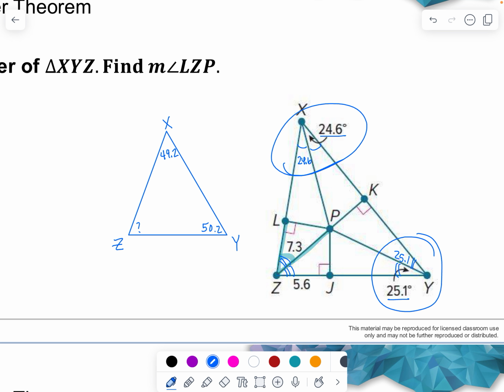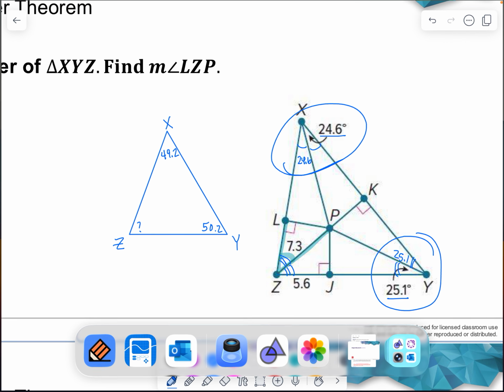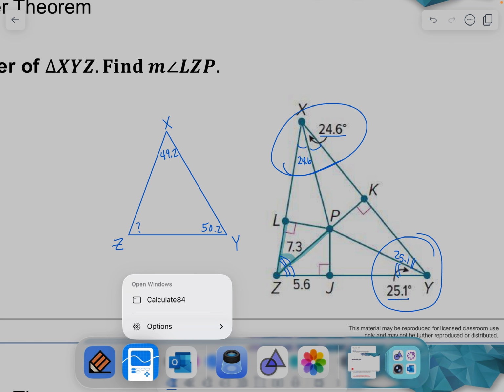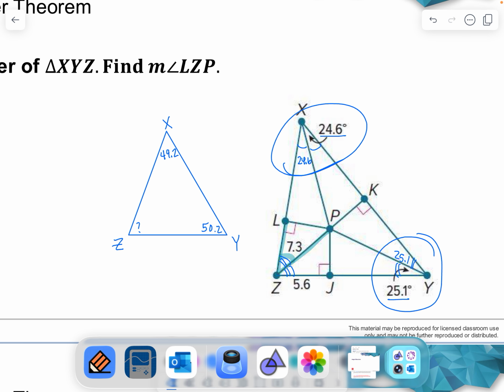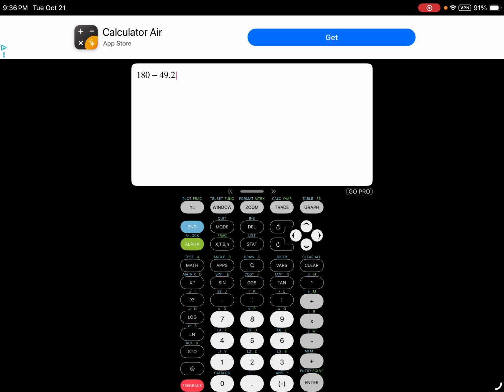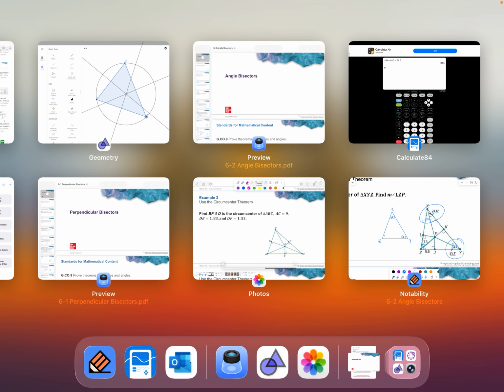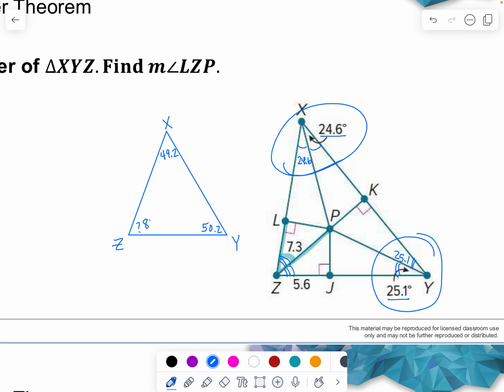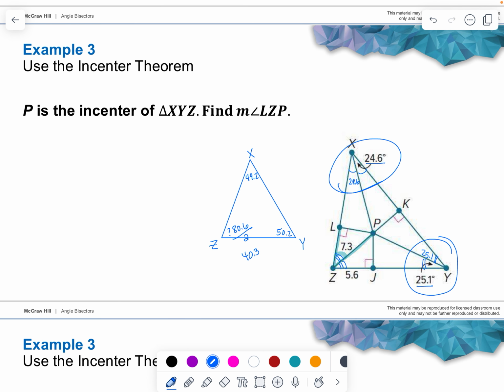Which means how big is Z? We grab our calculator and say 180 minus 49.2 minus 50.2. It's 80.6. So that means that it has to be split in half. So 40.3. So we can find those angles by thinking about it as a whole triangle too.